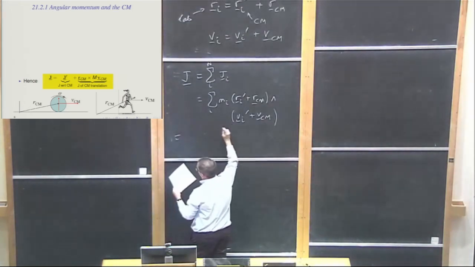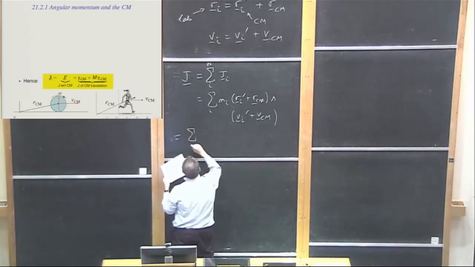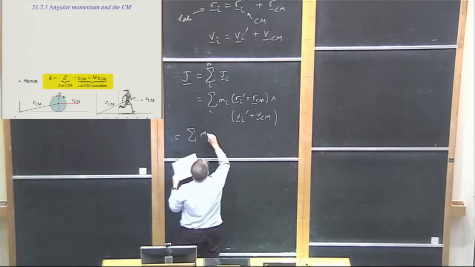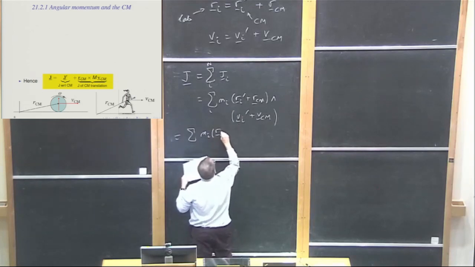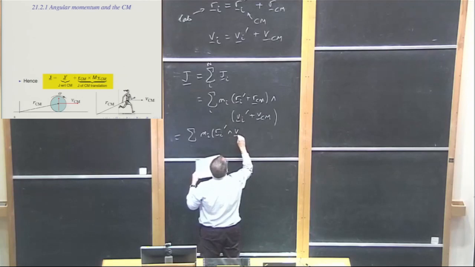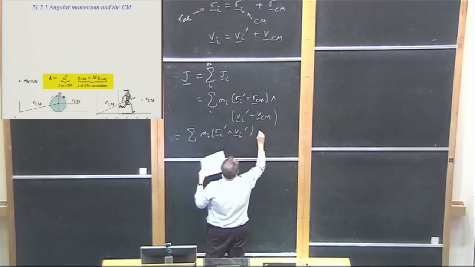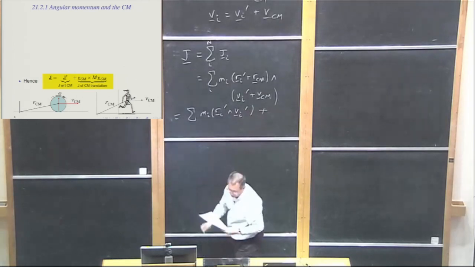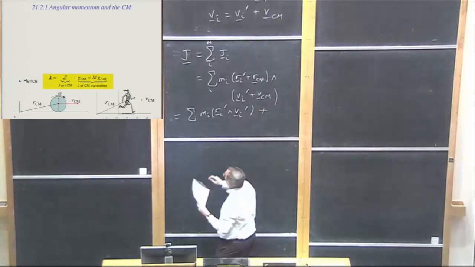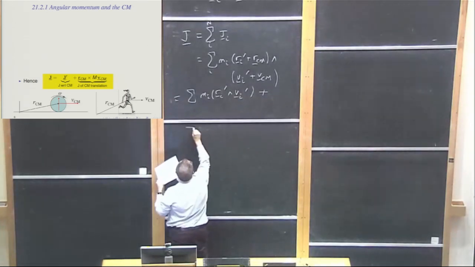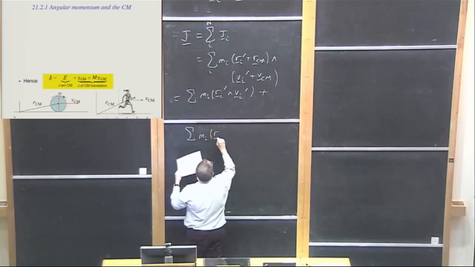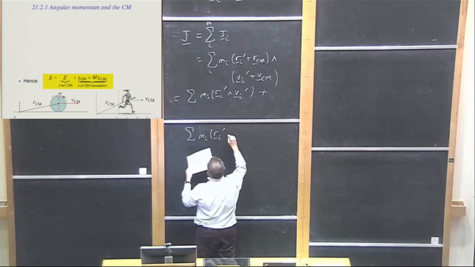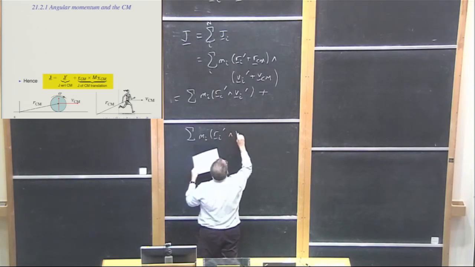We're going to get 4 terms. The first term, Mi, Ri prime cross Vi prime. Write it underneath. Then the next contribution is Mi Ri prime cross VCM.